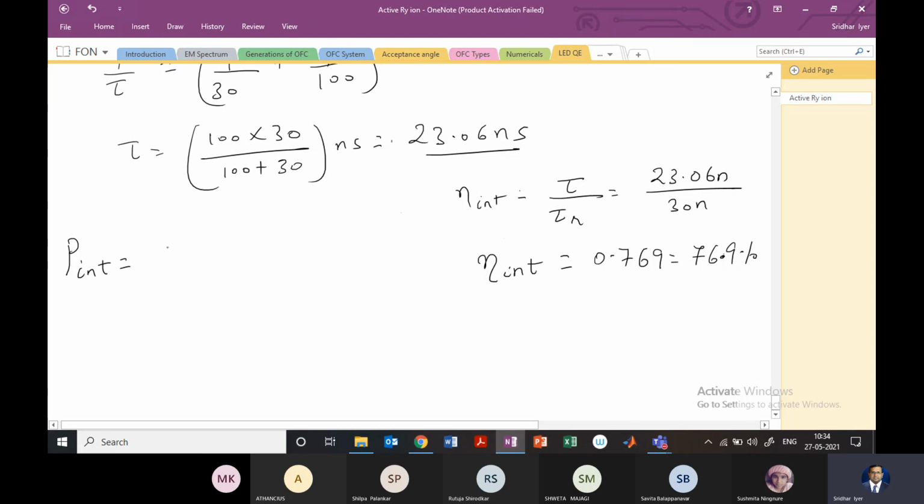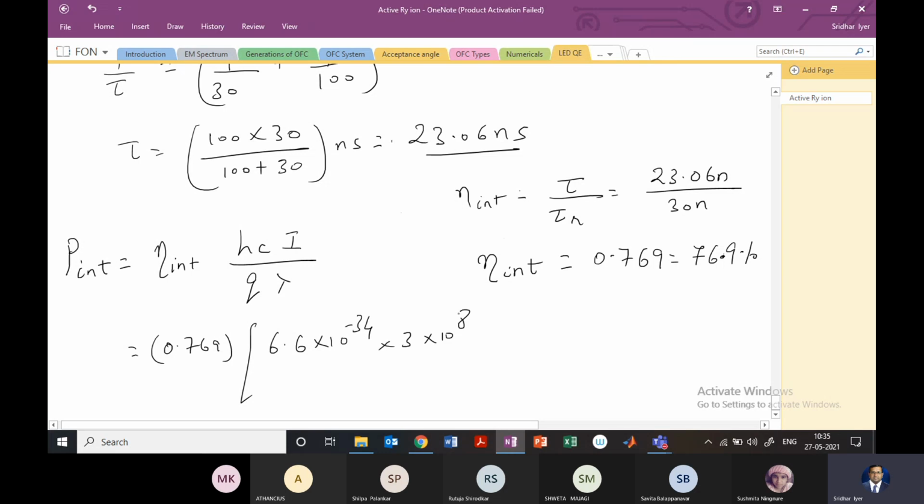Okay. Next, we need to calculate the internal power. You can use the standard equation, which is P internal equals eta internal times h c I divided by q lambda. Lambda is given to us, which is 1310 nanometer, and the others are just constant values. So let me write those. Eta we just calculated as 0.769. h is 6.6 into 10 raised to minus 34. c is 3 into 10 raised to 8.